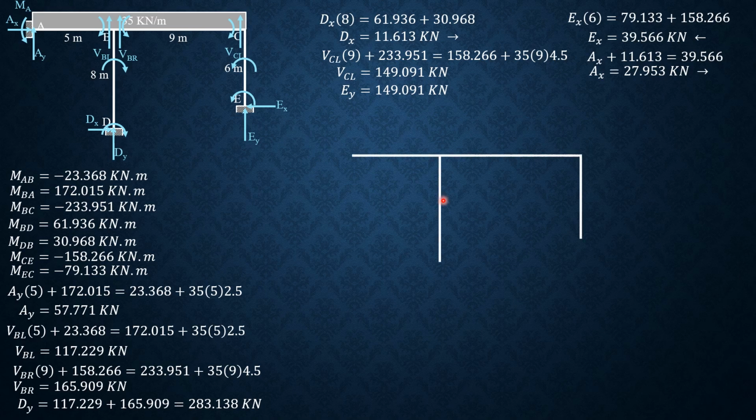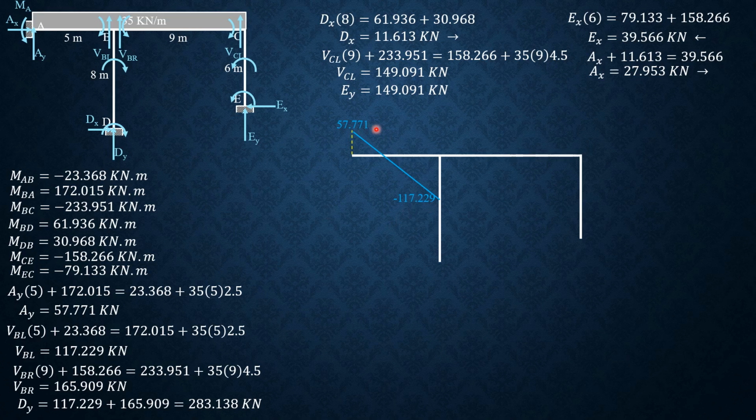So we are now ready to sketch the shear force diagram. First, from here, we rise by AY, which is equal to 57.771. Then minus 35 times 5. So we have a line here, and it is equal to negative 117.229.